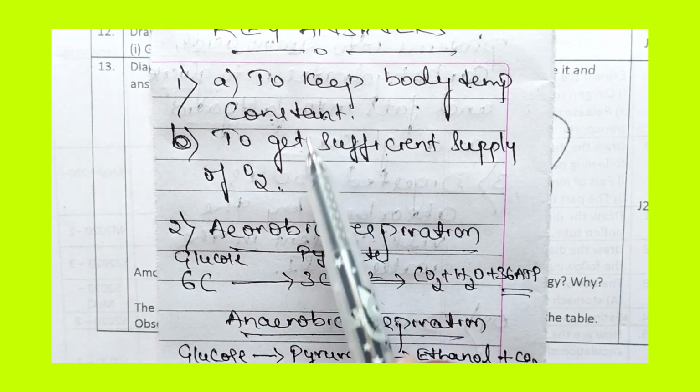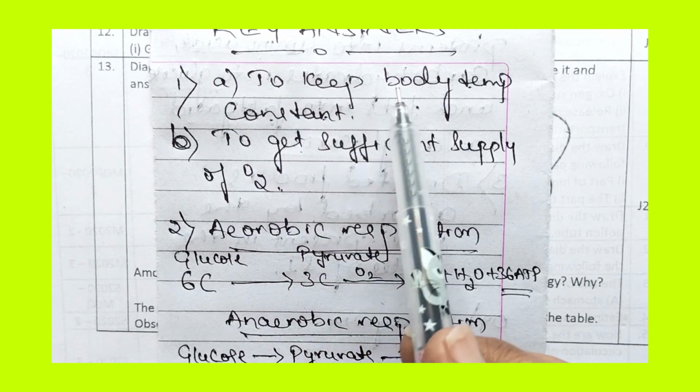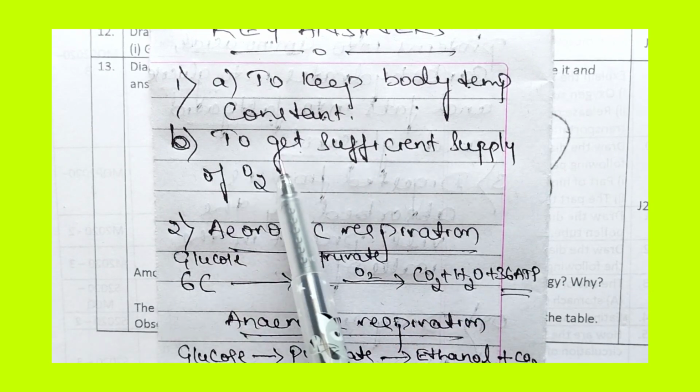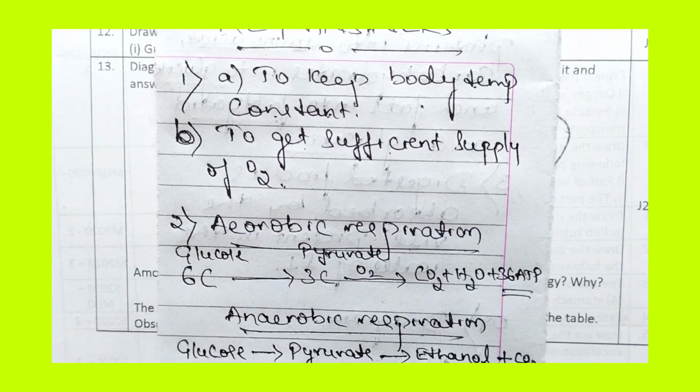So you have to write these two points: to keep body temperature constant, to get sufficient supply of oxygen.